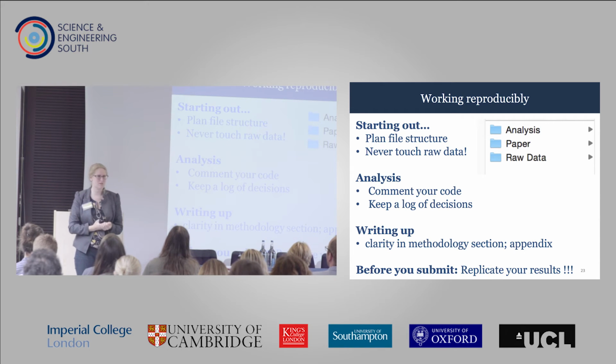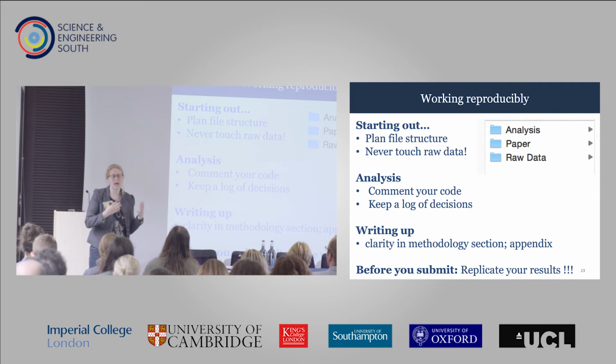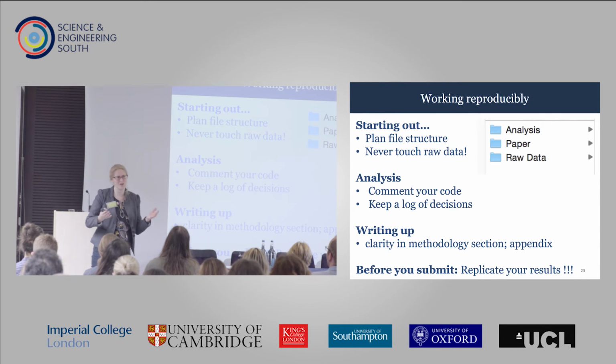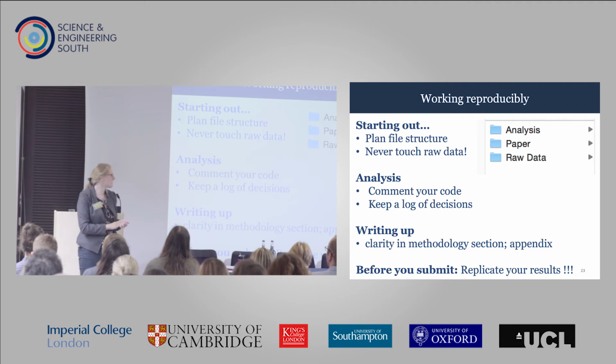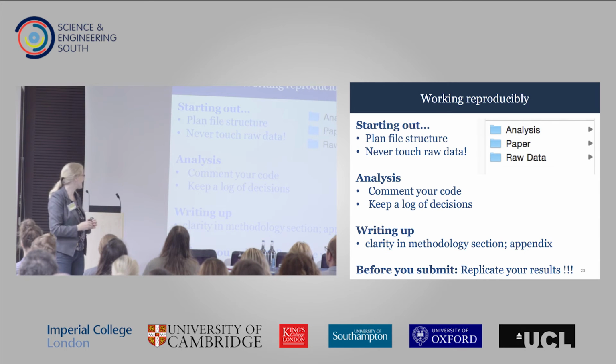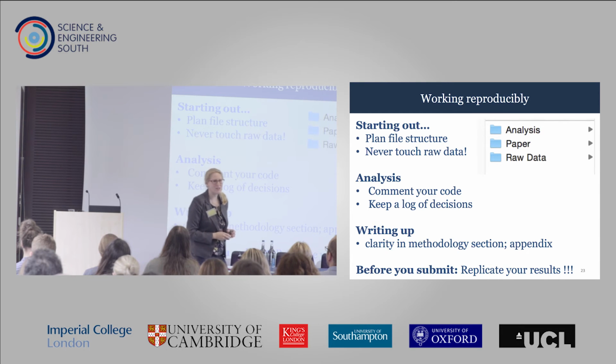And most of the time, it's not possible. So there has been a trend to having a bigger supplement appendix. I know that in natural sciences this is common, but in political science or sociology, this is not really common. So this is something I'm really interested in. And the most important thing, which you can't read because it's all the way down, the line down there: before you submit, replicate your results.